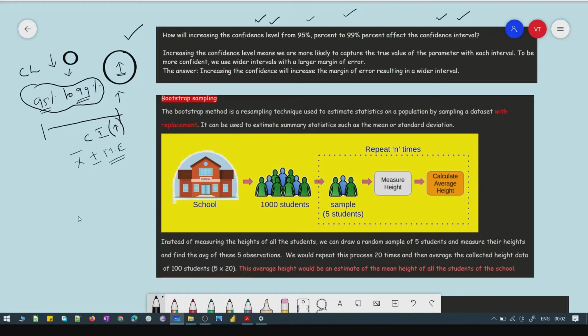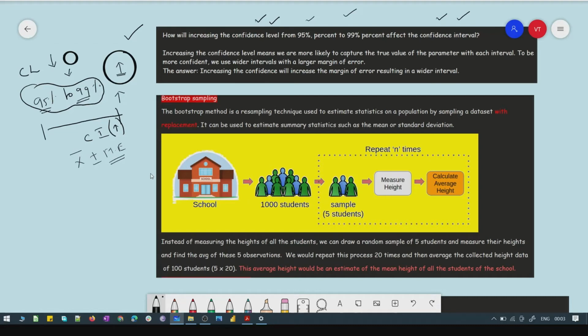It is a method where I will be able to infer the population parameter more accurately. This is one of the best and most commonly used methods to infer things for the population, and also for other statistical algorithms. Let me explain this with an example.